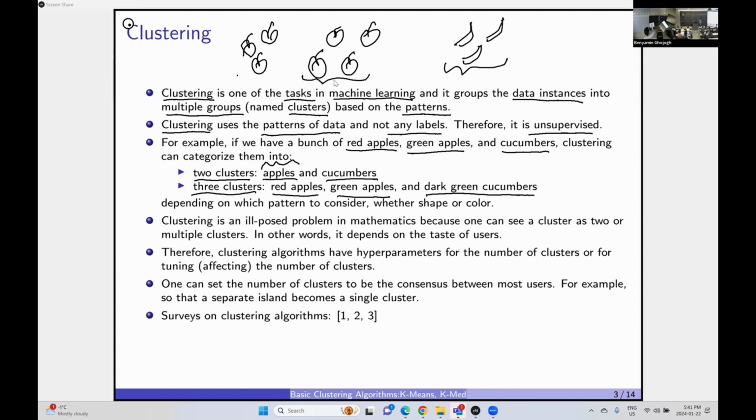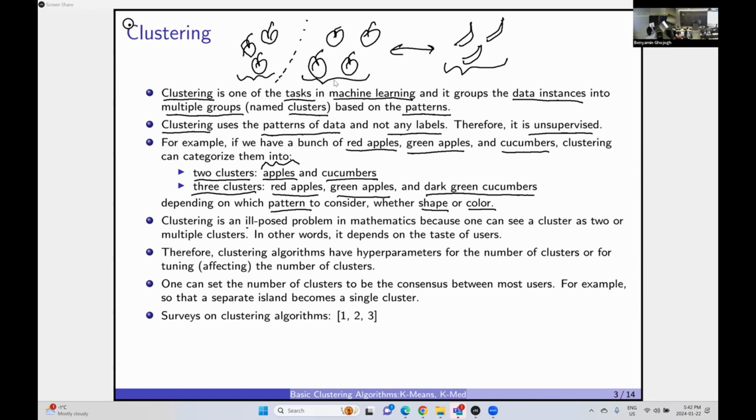So as you see, we kind of have two subclusters here for the apples. Is this one a red apple or a green apple? Most probably green, because they are closer to the cucumbers, which are green. Wow. So green cucumbers, green apples, and red apples, right? That's how they are distributed in the space. So it depends on which pattern to consider, shape or color, which one? Agree?